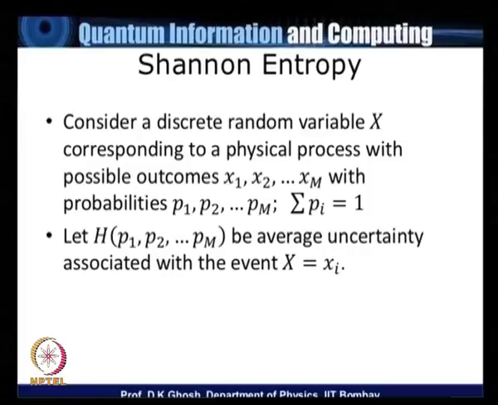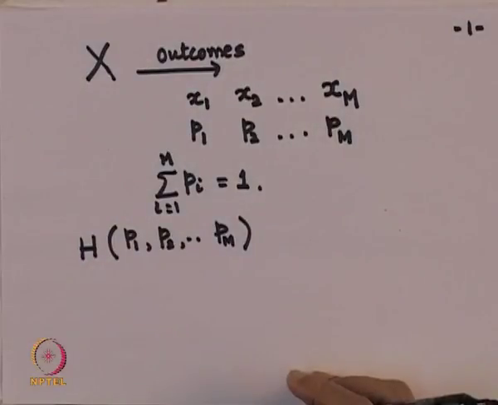Now you can also interpret it by saying that this is the quantity which represents the amount of uncertainty that is removed when we know the result of an experiment, that X is equal to xi. And this obviously is a function of all of these. Now my job will be to have a mathematical expression for this quantity.